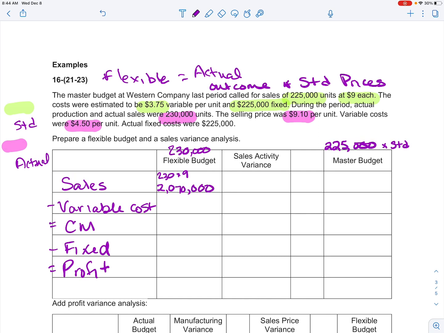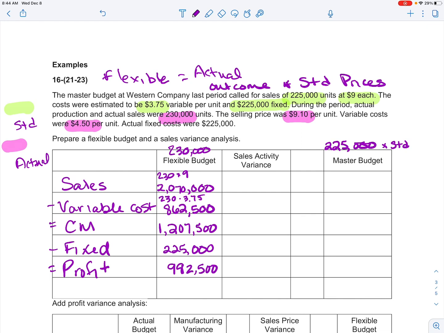Variable costs, I'm using that 375, so 230 times 375, which is 862. If I subtract those two, you get 1,207,500. Subtract those fixed costs, which they give me, to get down to my profit. 982.